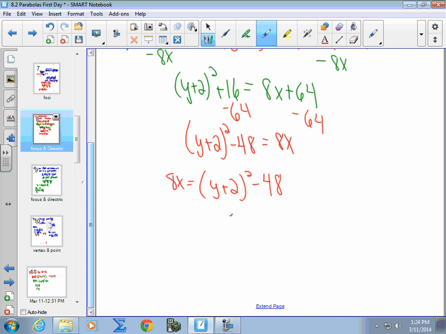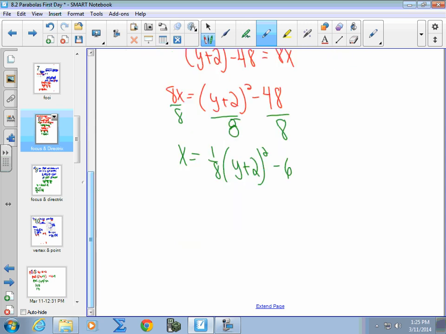But we don't want 8x, we want x, so we're going to divide everything by 8. When we do, we get x is equal to 1/8 times y plus 2 squared minus 6. So the axis of symmetry is y is equal to -2. The vertex is at -6 and -2, and it opens to the right.